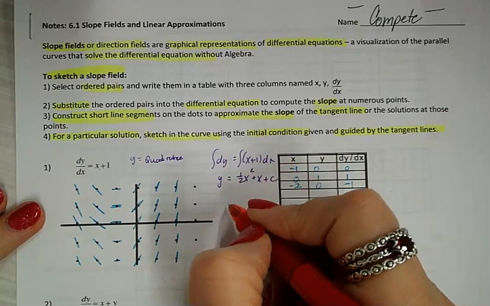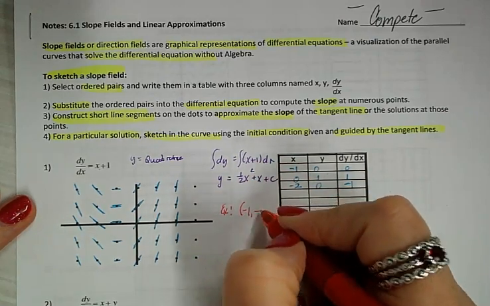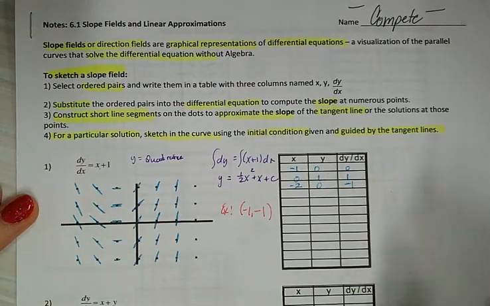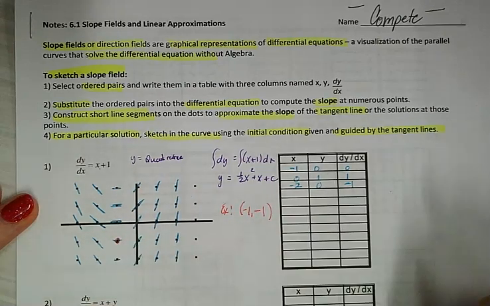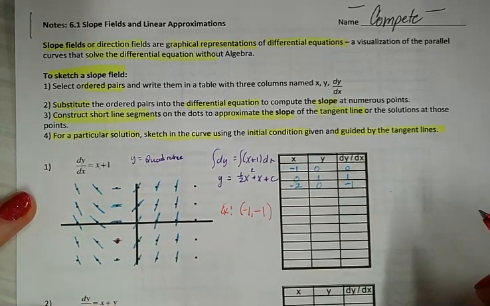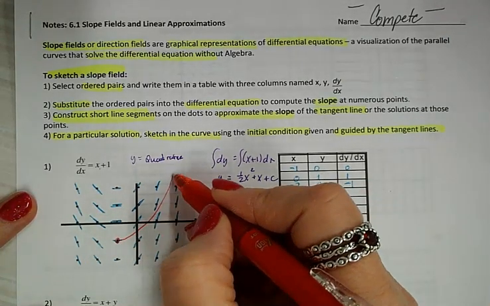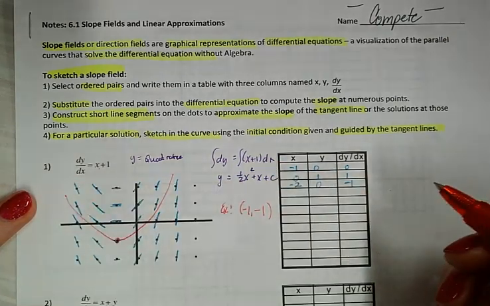But I could say, for example, if I were given the point -1, 1, that could be an initial condition. And so I could go to my graph and say -1, 1, and I have this point right here. I can use the slope field to help me sketch that in. So it could be kind of going like this and following the slope field around there. It could be going and following the slope field out around there.